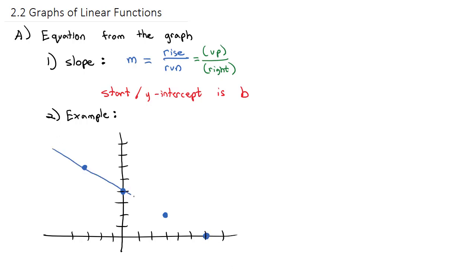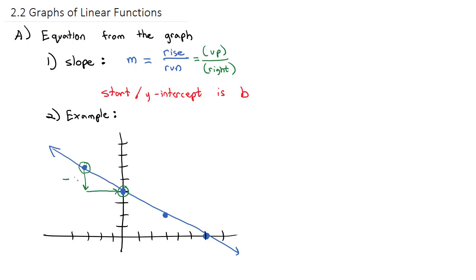And if I can connect all those points with a straight line, we should be able to pull off all the key points or pieces of information that we need to make the equation of this line. First, with the slope. We said the slope was rise over run. The idea is I can take any 2 points and connect them by making a triangle. We rise and run.